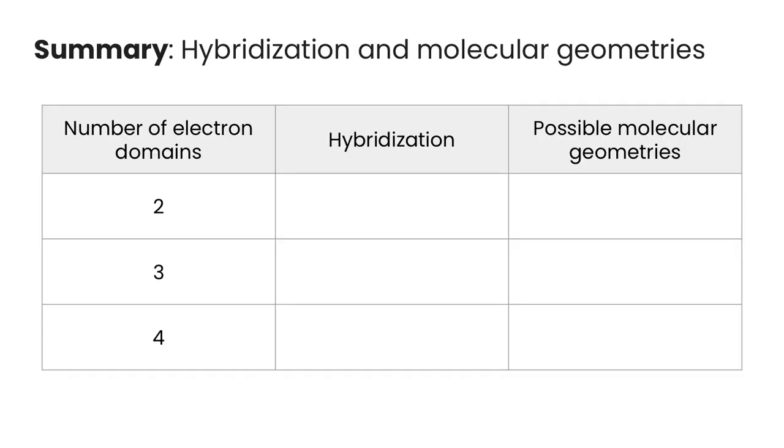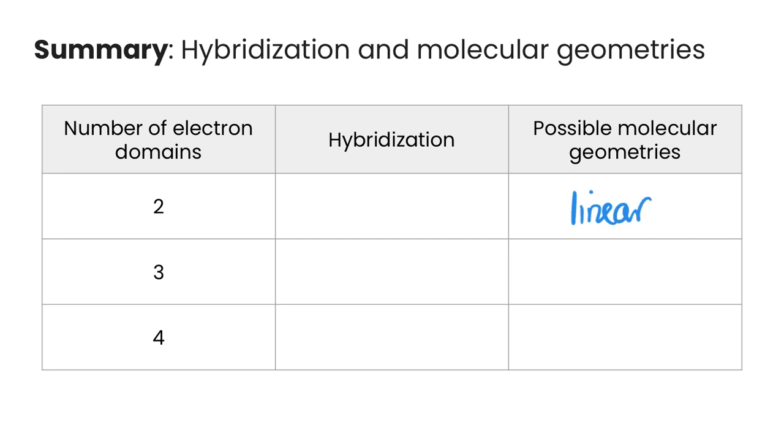So that was a lot of information. It was a lot of us trying to figure out how hybridization works and how it can explain some of the different molecular geometries. And so let's condense it and summarize it together so that we can predict the type of hybridization for any possible molecular geometry. If you have 2 electron domains, remember that this is our linear shape.